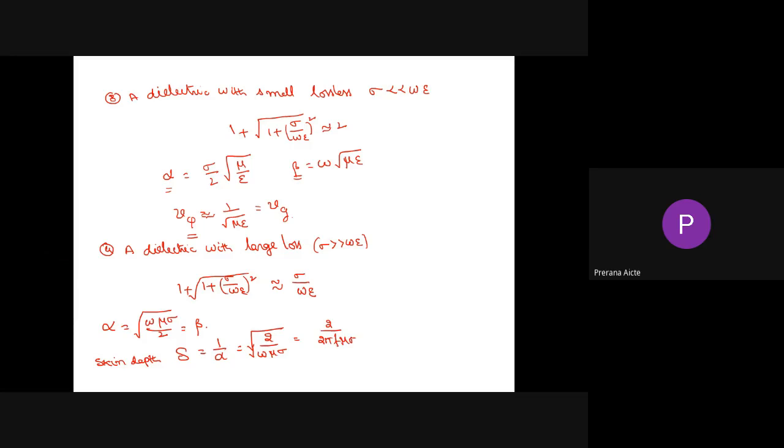The 2 cancels under the square root, so that is equal to 1 divided by square root of pi f mu sigma. This is the skin depth in meters.